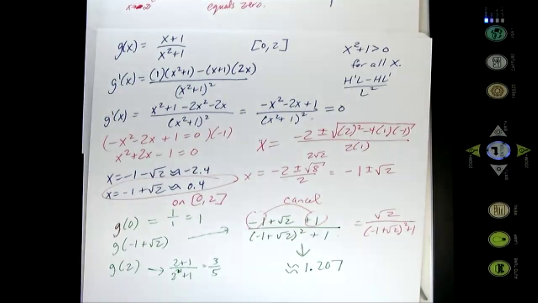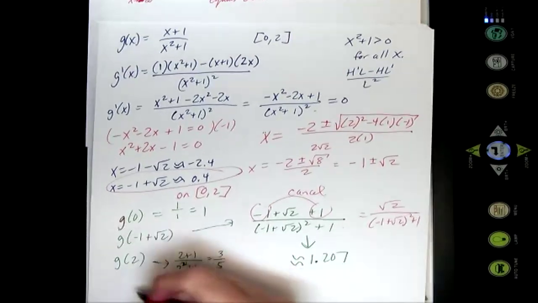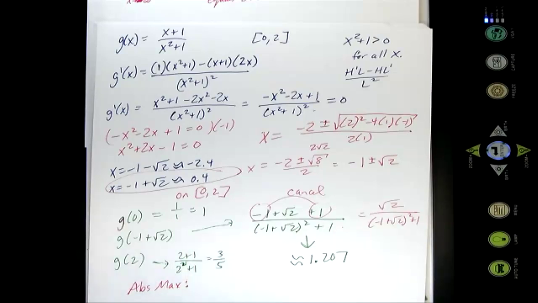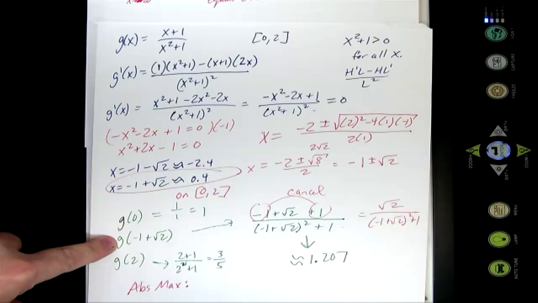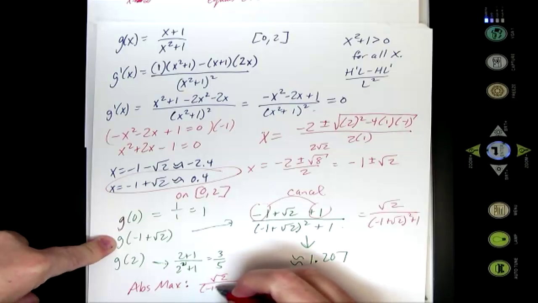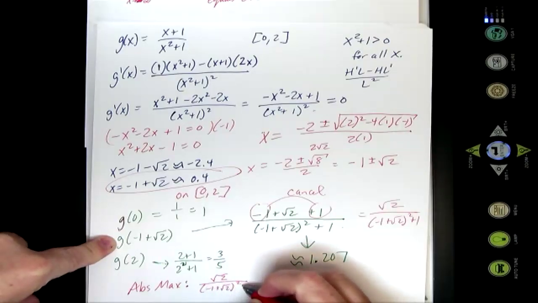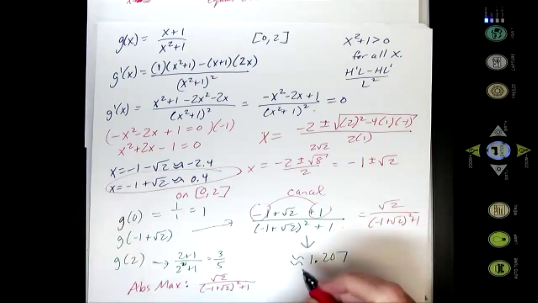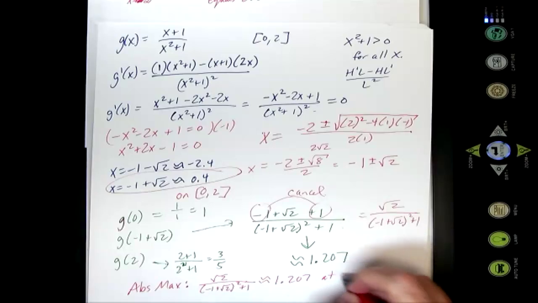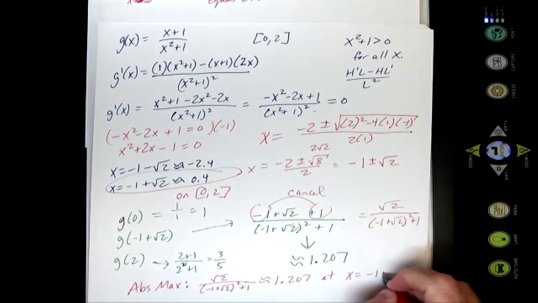You got it? Okay, so where's the absolute max at? 1.2, at the ugly one, right? I'm gonna say it's square root of 2, I'm gonna give the complete value, and then I'll say approximately 1.207 at x equals negative 1 plus square root of 2.